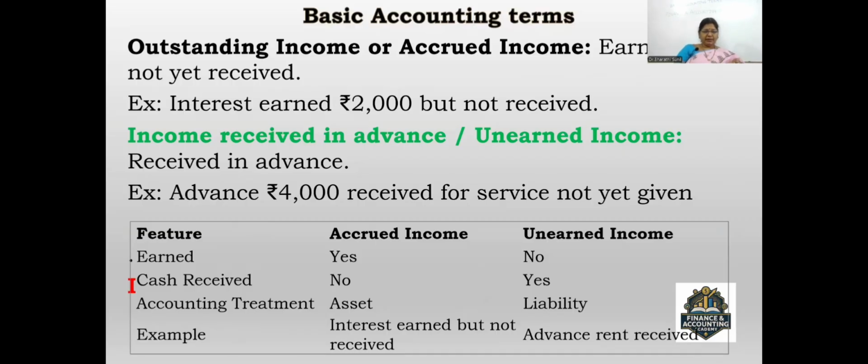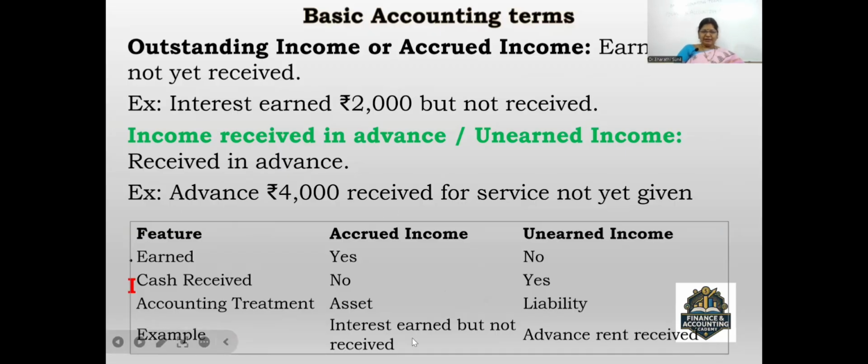Is it clear? Here I gave a detailed description of the features of accrued income and the features of unearned income. Is it earned? In the accrued income case, it is yes. In case of unearned income, it is no. Cash received: no, they have to receive. Here, yes, they have received. Accounting treatment: it is called asset. And unearned income is called what? It is called liability.